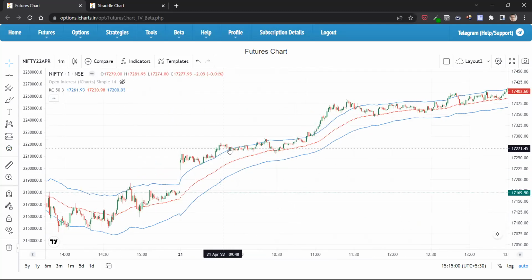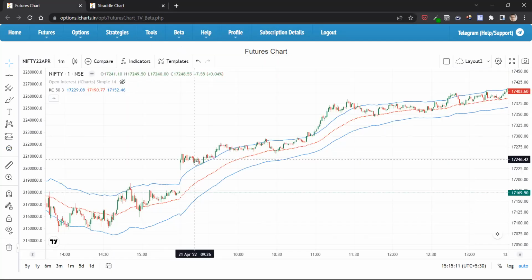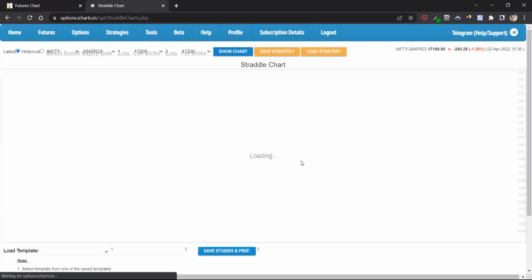It's going up here. It's going up. So you would adjust. One way of doing it is, okay, let me check what was the opening price, around 17.2. Yeah, 17.2 is fine. So you could add one more lot here, which is one of the ways of doing it.